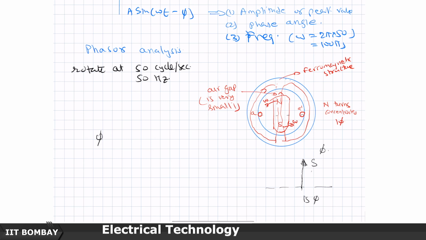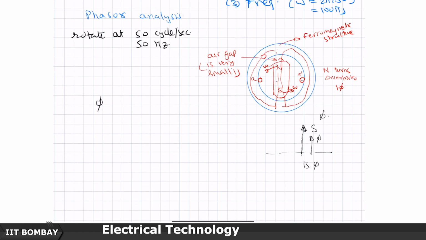So, both the flux waveform and the S waveform are collinear, in the same direction, and actually you could think of it as a much wider structure, and if the air gap, the radial air gap, is uniform, let us say this is pi by 2, then this is going to be minus pi by 2.